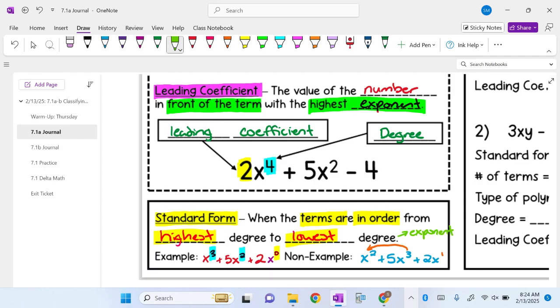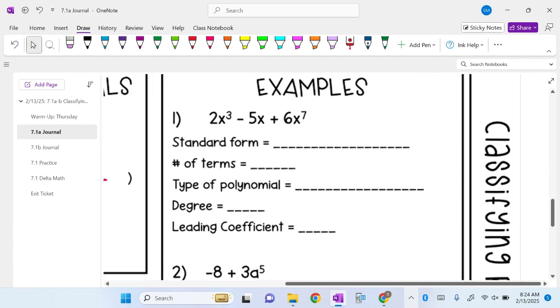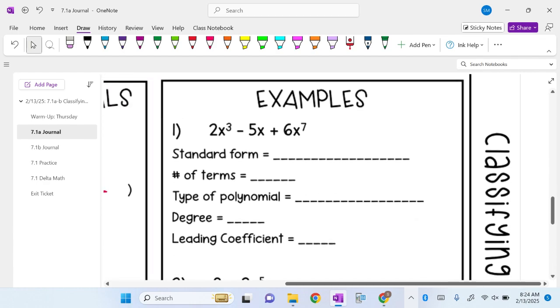All right? So now let's do some examples. So let's look at example 1. So we're given this polynomial first. The first thing they ask us to do is to put it in standard form.